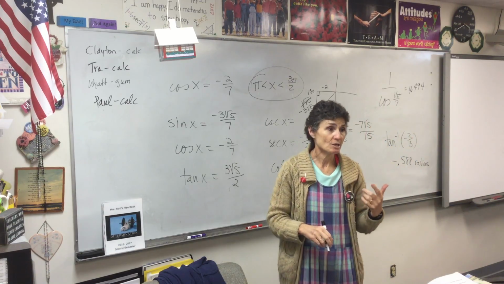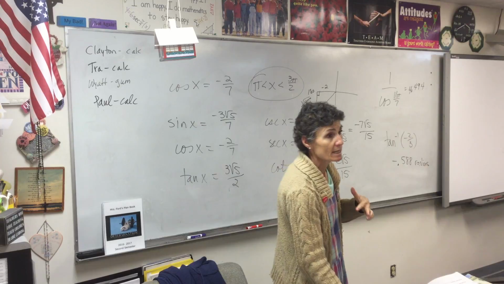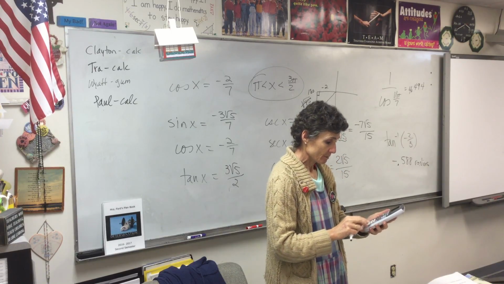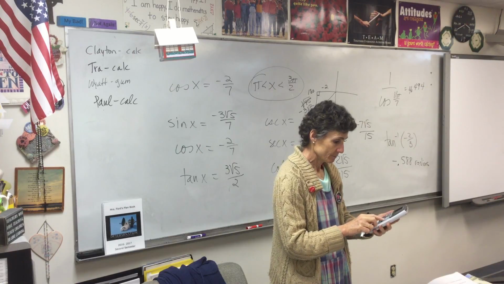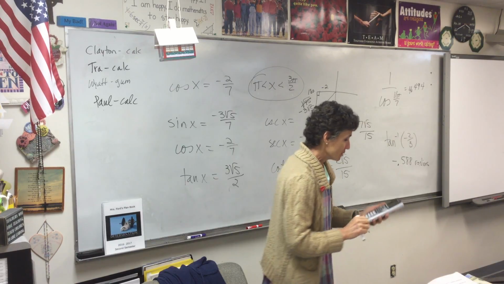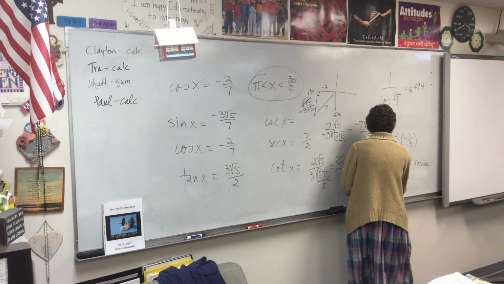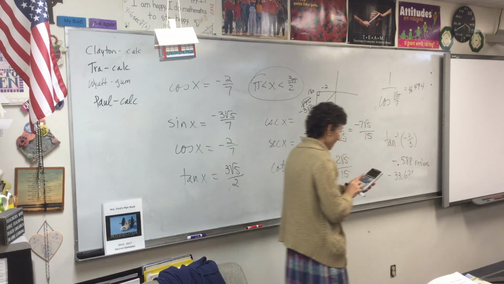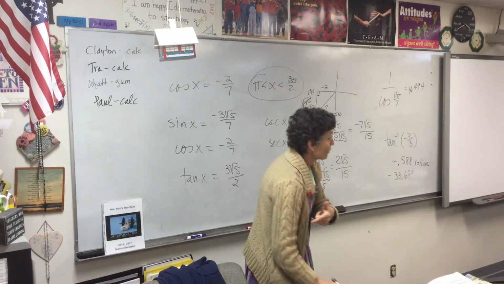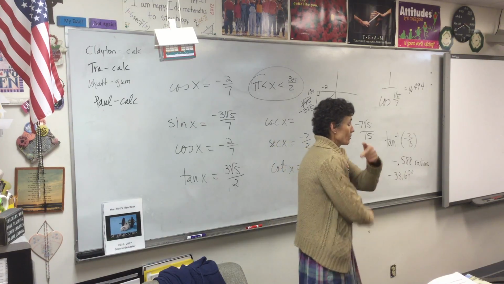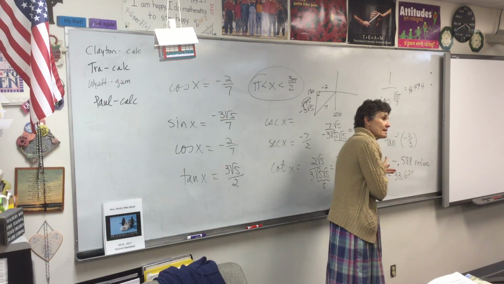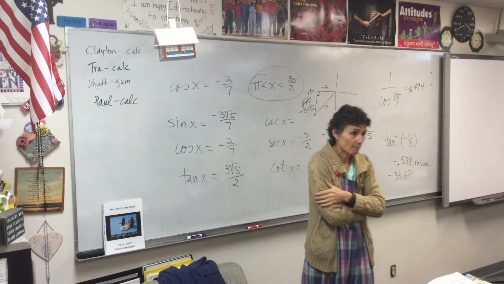If you wanted to change your calculator into degrees, you would get a totally different answer: negative 33.69 degrees. Now, there are no directions for that problem. So either one of these answers would be completely acceptable.